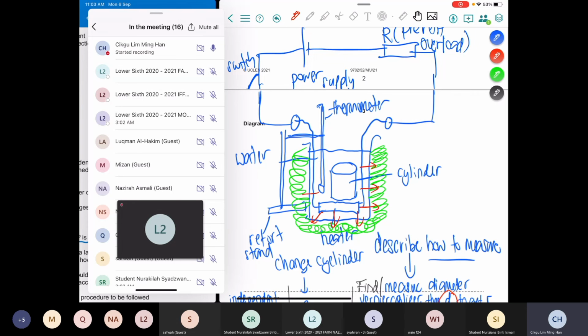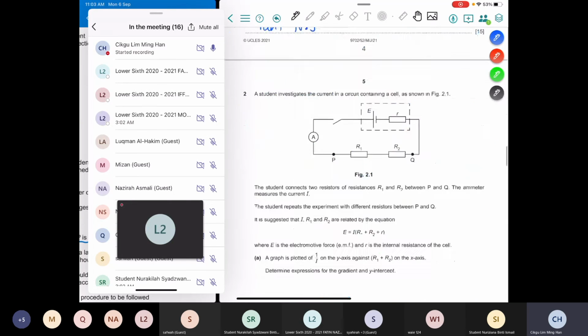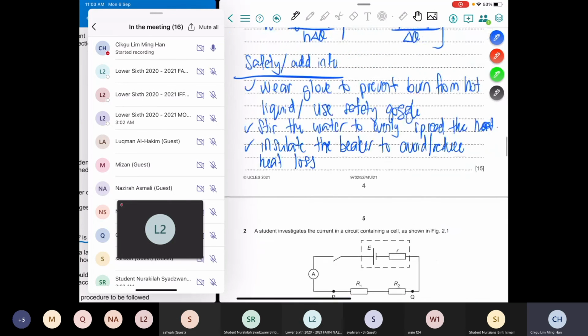So it will be more accurate. If possible, add another lid, close it with a lid, then it will be much better. Maybe you can use foam, or a lid.